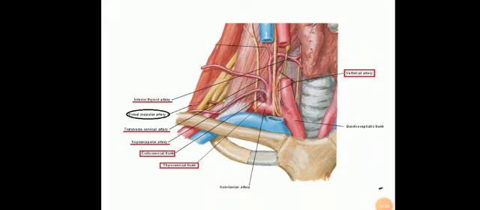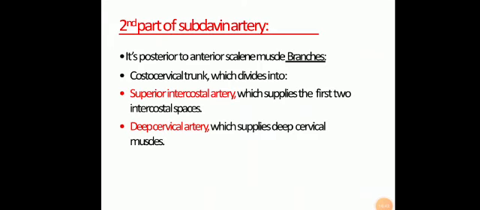This costocervical trunk divides into superior intercostal artery and deep cervical artery. Superior intercostal artery supplies the posterior part of the thoracic wall. Deep cervical artery supplies the deep cervical muscles.